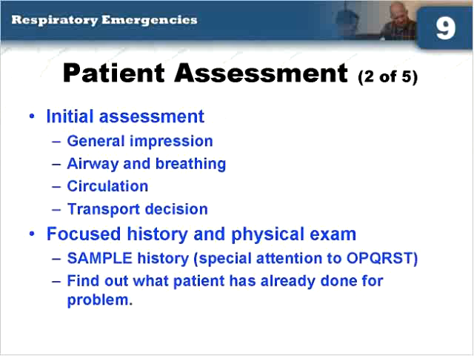And then of course, pay special attention to OPQRST. All right. Why do you think we would pay special attention to that? Exactly. It'll help you focus down on exactly what you need.